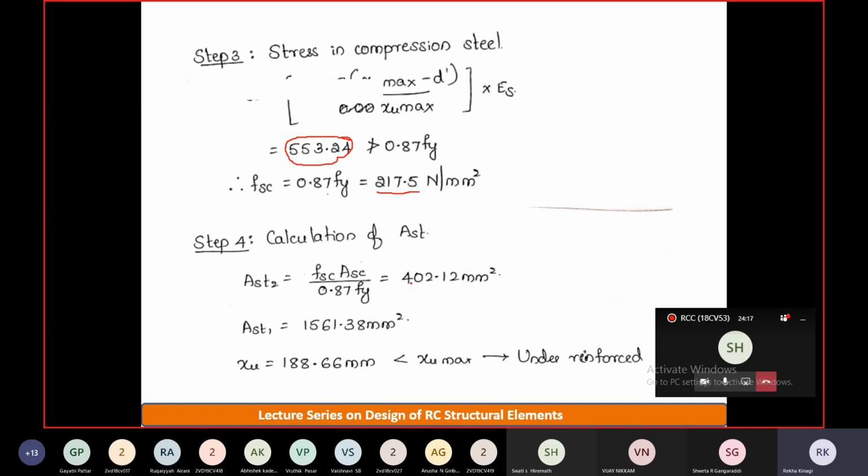If I know the value of AST2, I know one more equation: AST, which is already given in the numerical example, is equal to AST1 plus AST2.